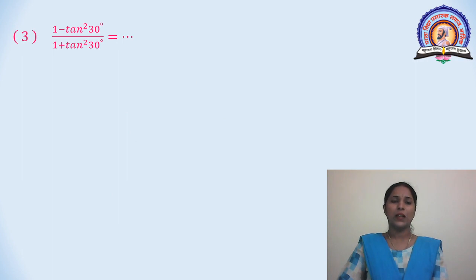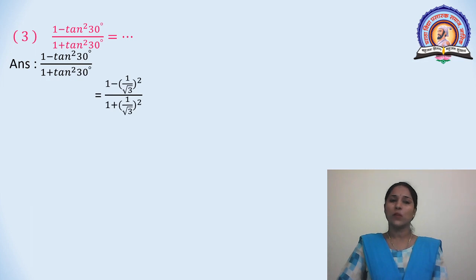Example number 3. 1 minus tan square 30 degree divided by 1 plus tan square 30 degree. Here we only have to find the value of tan 30 degree. This is equal to 1 by root 3.